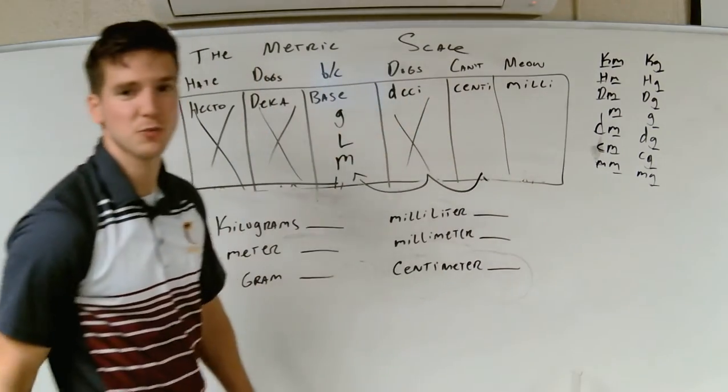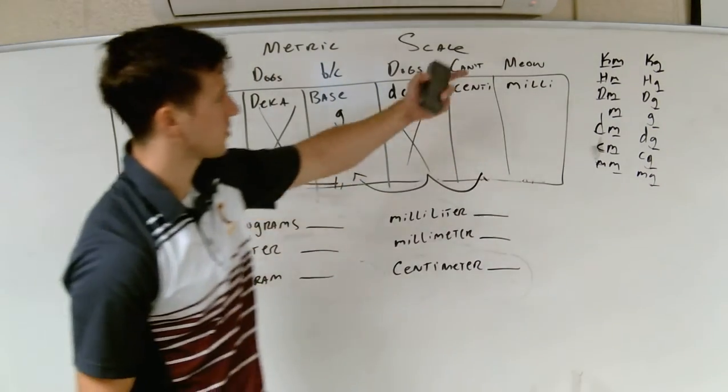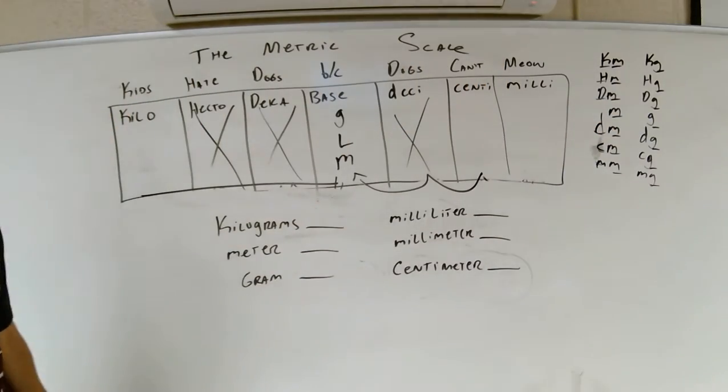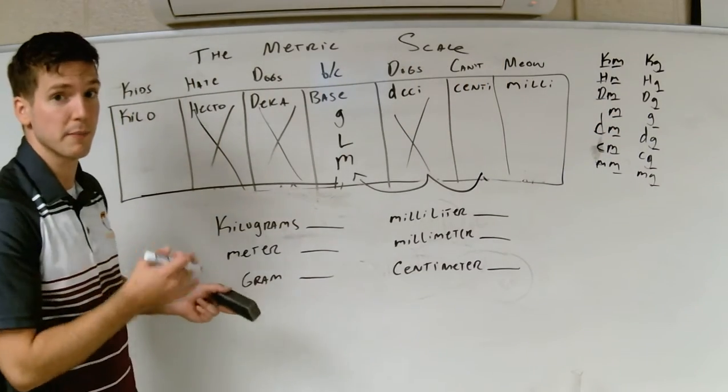What I want you to do is write the symbols for each of these. So pause it, feel free to do this on your own, but I'm going to get going.